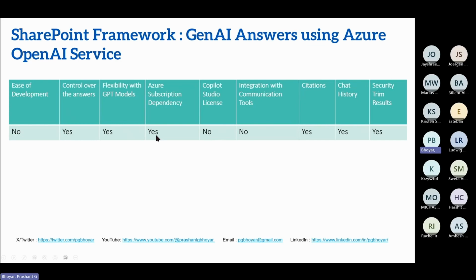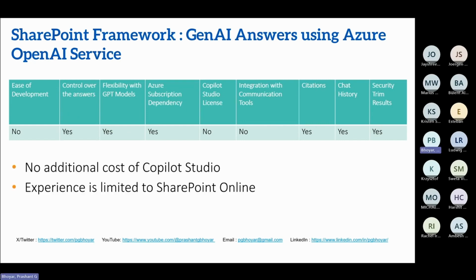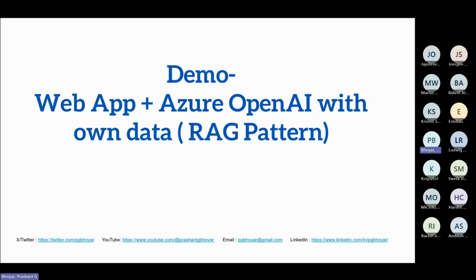However, you're paying the licensing fee for the Azure OpenAI service, and whatever other services you have used for the RAG pattern, which in case of Azure, you'll be going with Azure AI Search. There is no additional cost of Copilot Studio. However, your experience is going to be limited to SharePoint Online only.